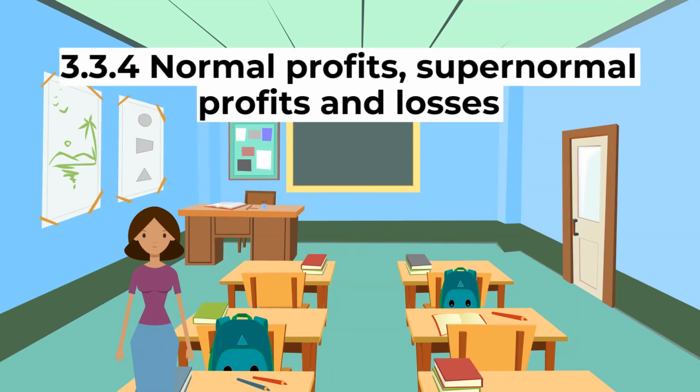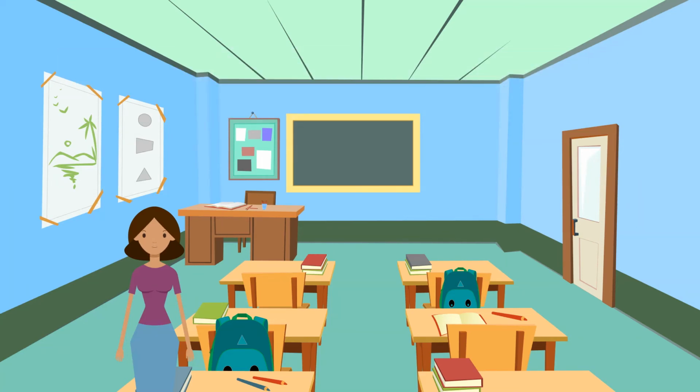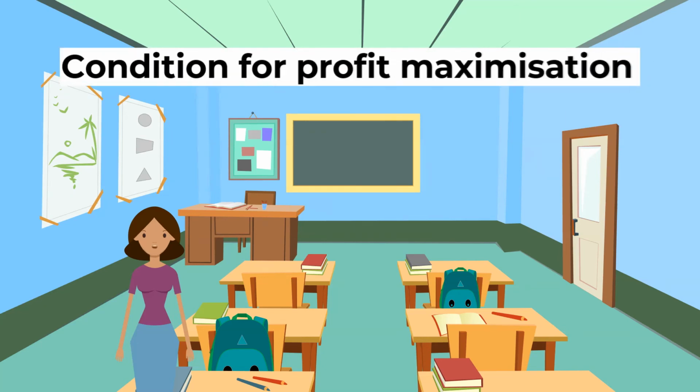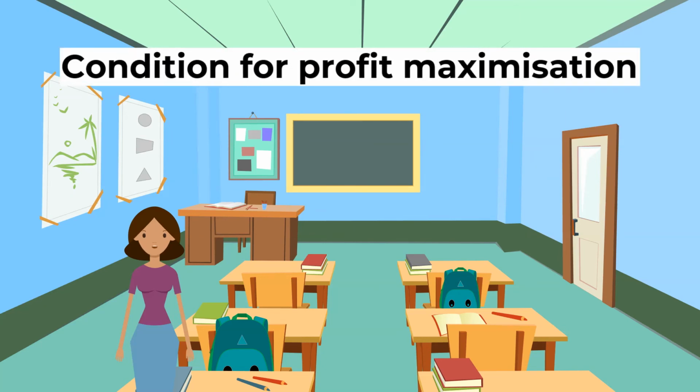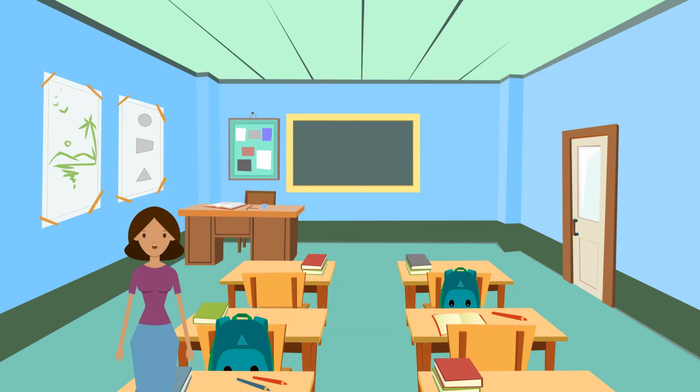Finally for today, normal profits, supernormal profits, and losses. Profit is the difference between revenue and costs. What are the conditions for profit maximization? Profit is maximized when total revenue and total costs are furthest apart, with total revenue above total cost. It also occurs when marginal cost equals marginal revenue.